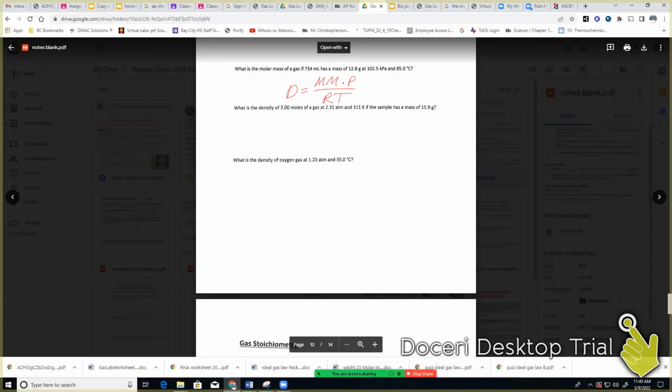So once again, if I go through that same thing, I have my pressure, I can always have my R, and I have my T. I don't have my molar mass given to me, but do I have what I need to get my molar mass? Yeah, because molar mass is always grams divided by moles. So I'm going to take my 15.9 grams and divide it by my 3 moles.